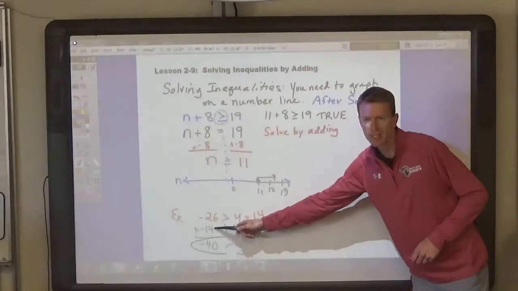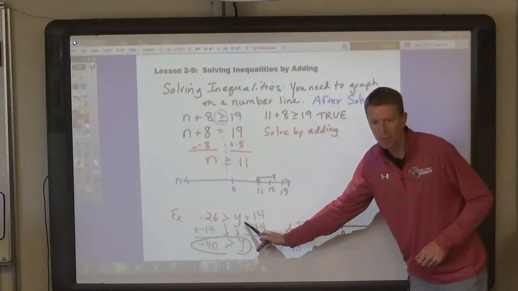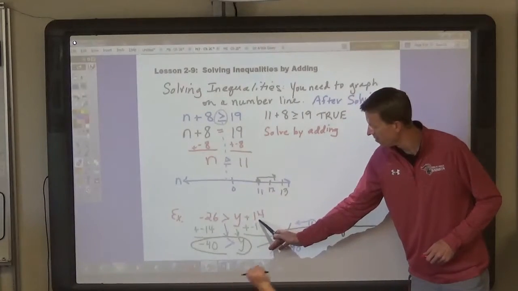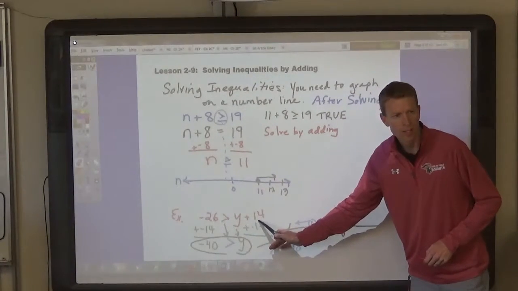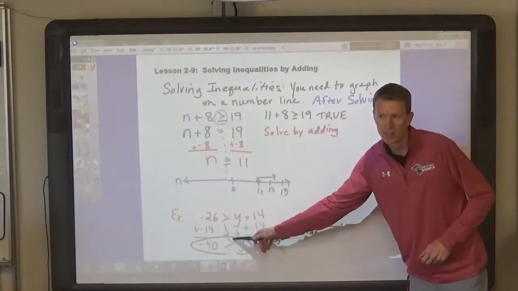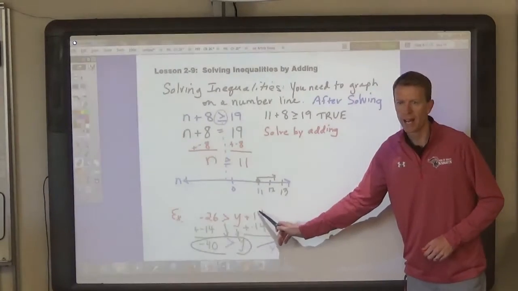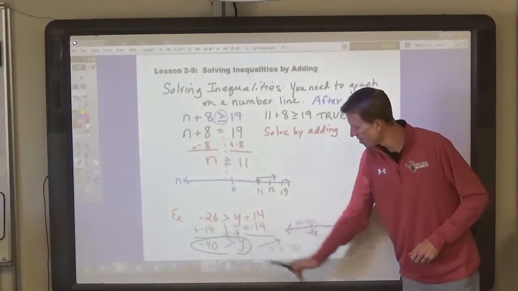Negative 26 is greater than y plus 14. Okay? So, again, you have to start on the side with the variable, add the opposite, so we add negative 14 to both sides.